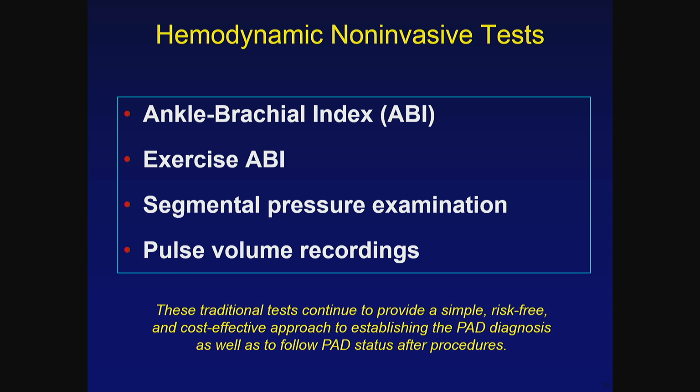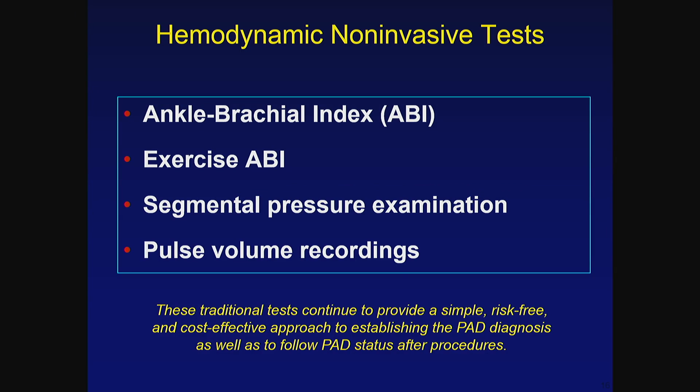A more advanced and detailed test would be the segmental pressure and pulse volume recording exam, which can also be followed with an exercise ABI, where we can assess the resting ankle brachial index and exercise-induced drop in arterial perfusion should there be a stenosis present, which can then lead to a decrease in ABI immediately after exercise is terminated.